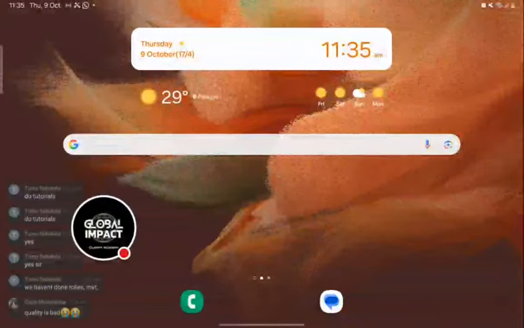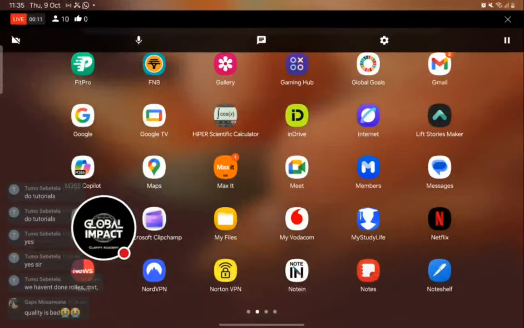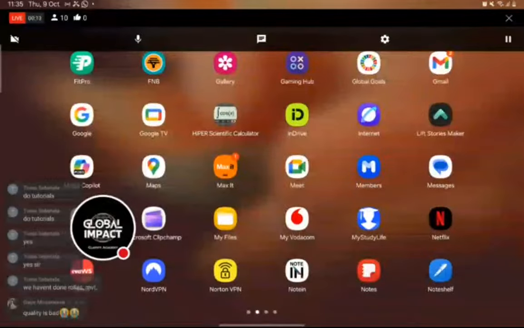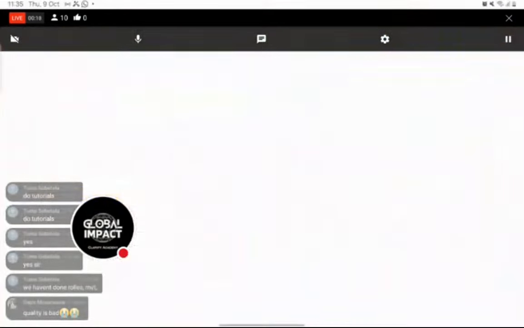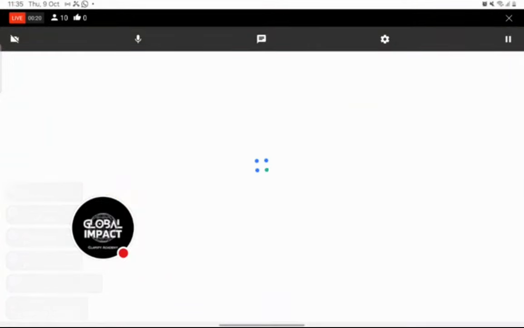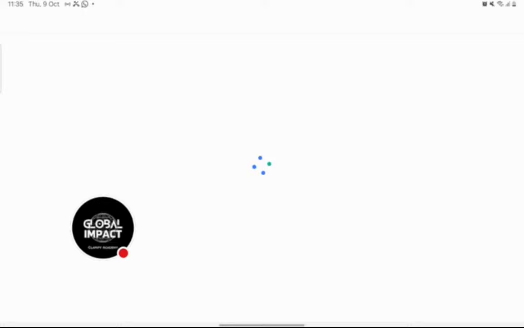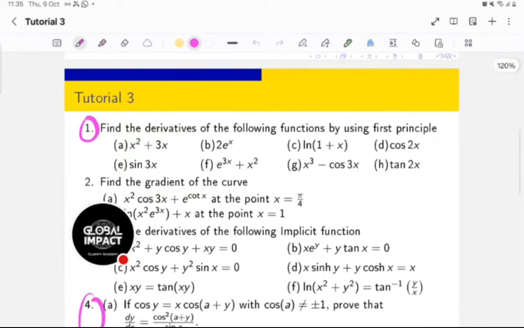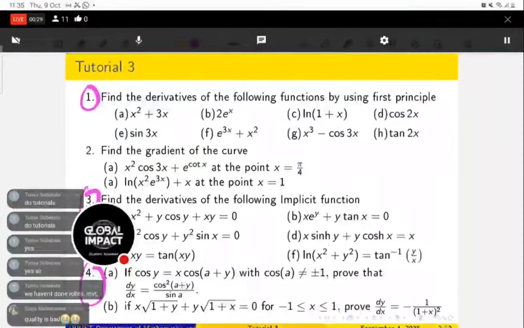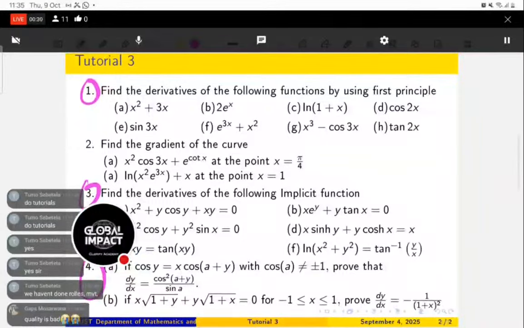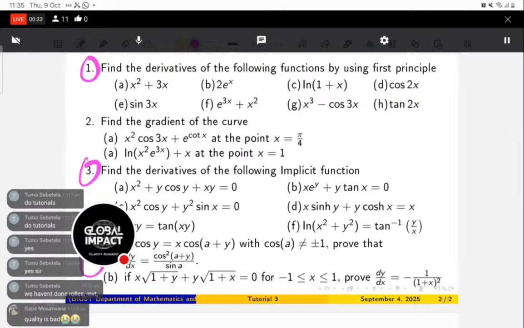Is the quality bad? Is the quality still bad?